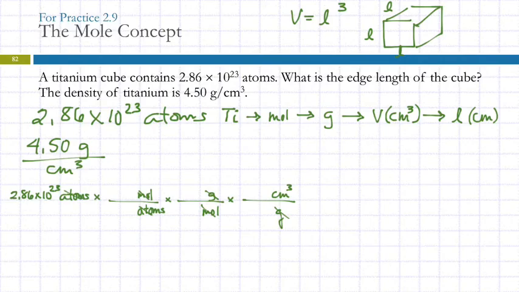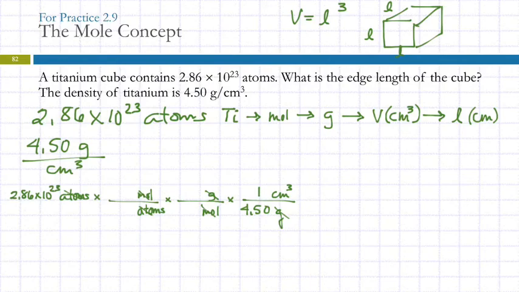So I can stick the numbers in. Here's my density, 4.50 grams. So 4.50 grams there. There isn't a number in front of cubic centimeters. If that bothers you, it would be a 1. Grams and moles. Periodic table, right? Titanium. That's not one that I remember.